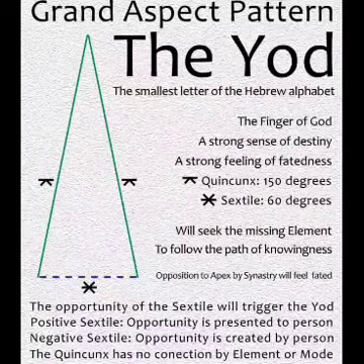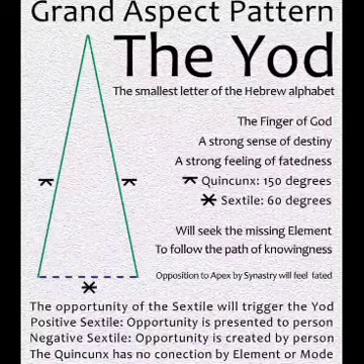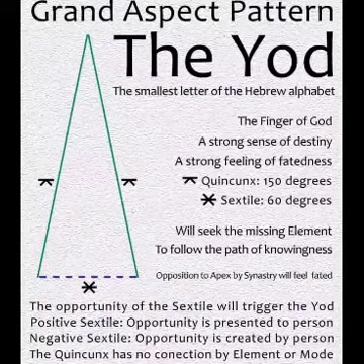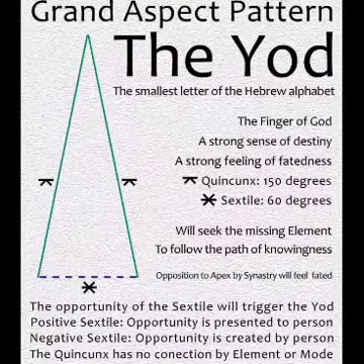The quincunx is the high point in the yod, which creates the quincunx to the two other planets.